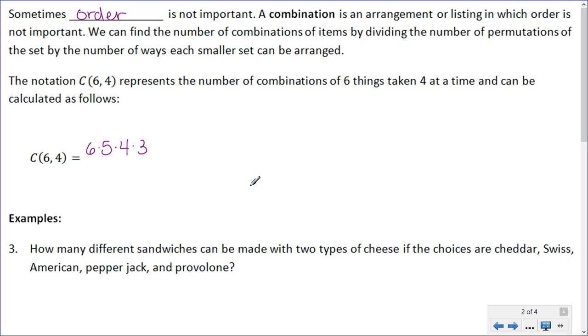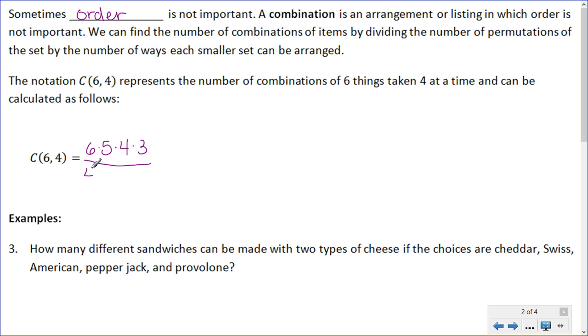So we actually need to divide this number by the number of ways to arrange each of those sets. So let's say we had a set of 4 things and we had to figure out how many ways to rearrange that. Well, basically that is just a permutation of 4 things taken 4 at a time, because you're taking all 4 of them and reordering them.